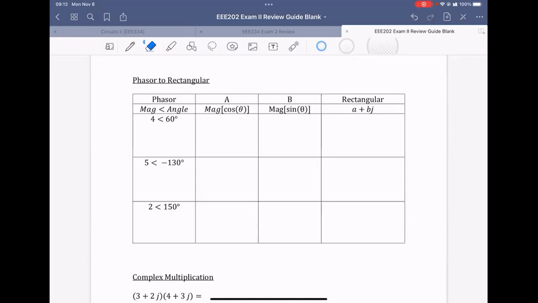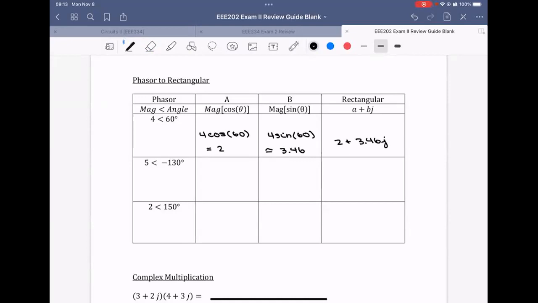So if we did 4 cosine 60, and then 4 sine 60, that would give us 2, and about 3.46. So we'll have 2 plus 3.46 J.